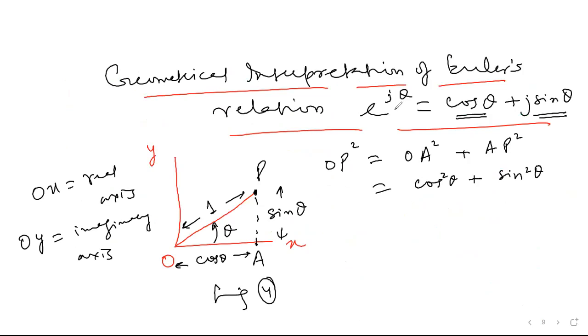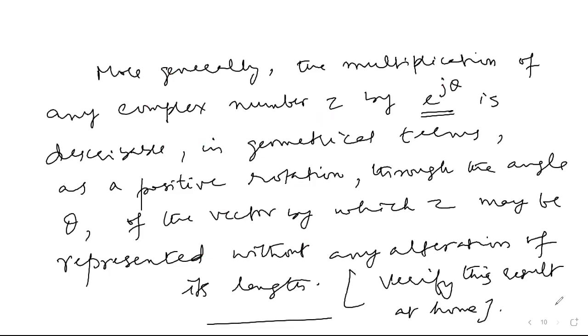We said e^(j theta) will be represented by a vector having length 1, which is OP here, and having x component cos theta and y component sine theta. Then we said if we multiply some vector z by e^(j theta), it will rotate it through angle theta in counterclockwise sense without affecting its length. And I gave you homework to verify this result at home. So this is all for today.